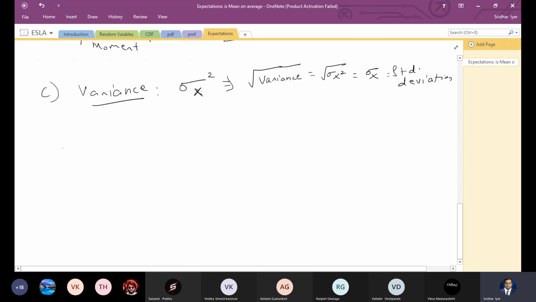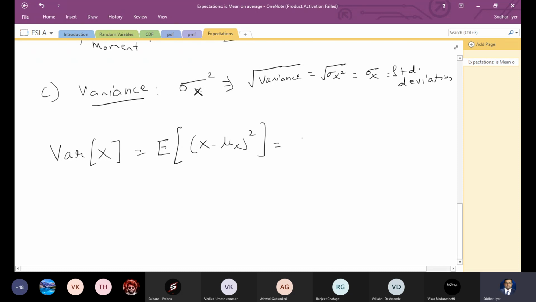So how do we define this variance, right? Variance is going to be denoted as var in short. If the random variable is x, then you have var of x, and that will be E of (x minus mu x) the whole square, where x is the random variable and mu x is the mean.